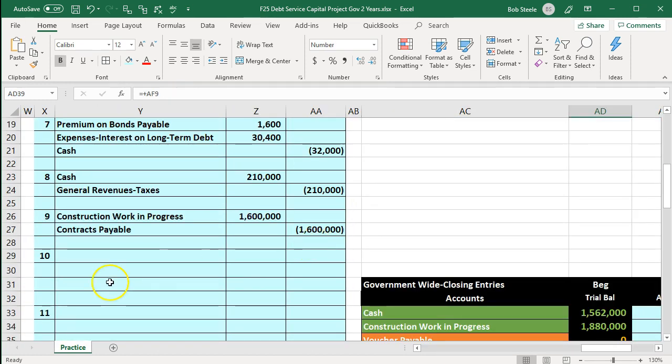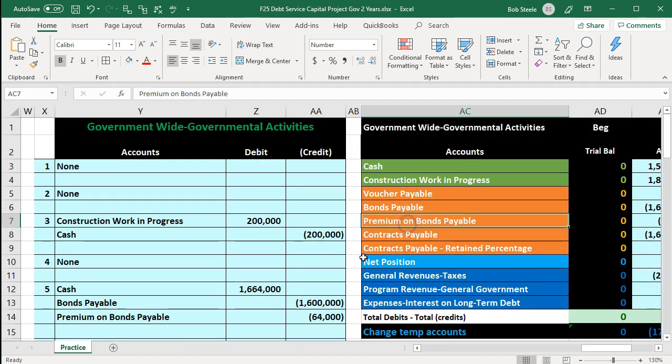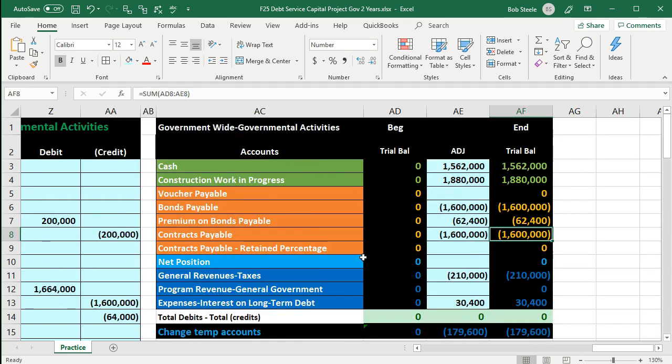And so we're going to scroll back up top, and we're going to say number 10, we're going to pay off the contracts payable. Now, we have the contracts payable on the books, of course, for the $1,600,000. We're going to make that go down to 0, but we're going to increase the contracts payable for the retained percentage, the amount that we're going to hold back until the contract is completed, and then we'll pay the difference out with cash.